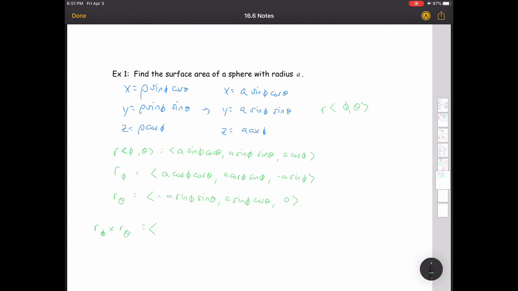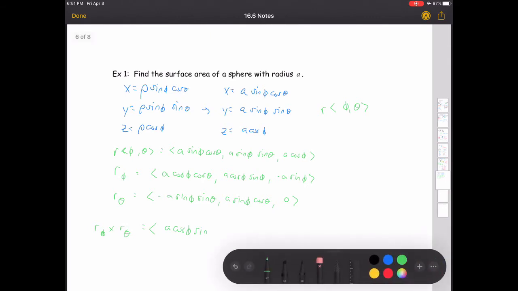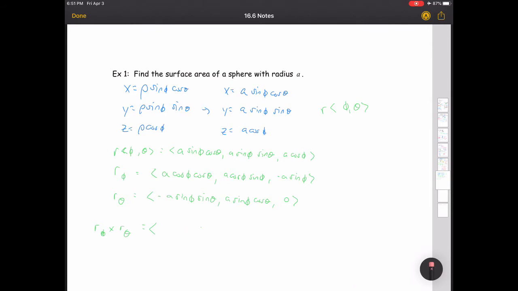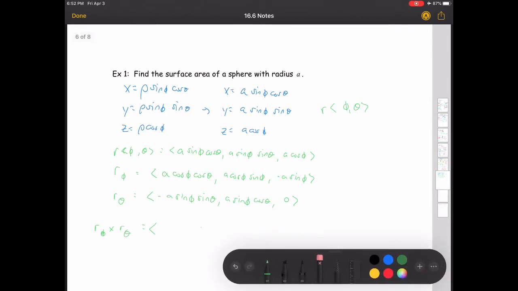So the cross product, eliminating what would be the i row and i column, is going to give us a cosine phi sine phi times 0. So let's get rid of that. Minus, then it's going to be what? Minus a, it's minus negative actually, so it's minus negative a squared.